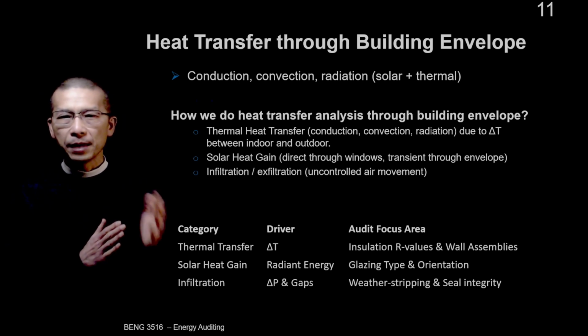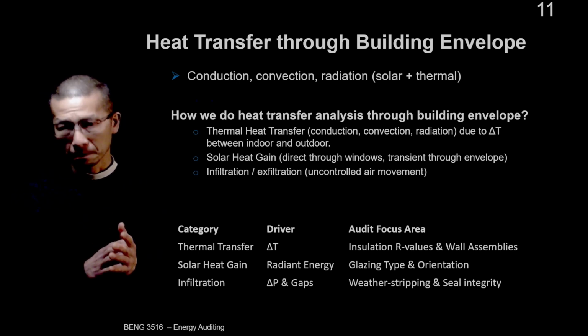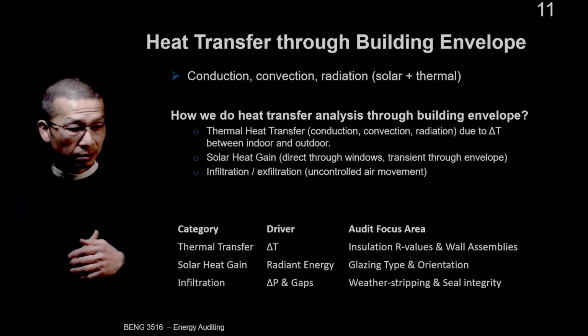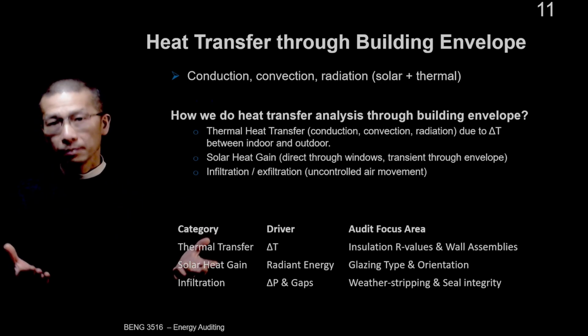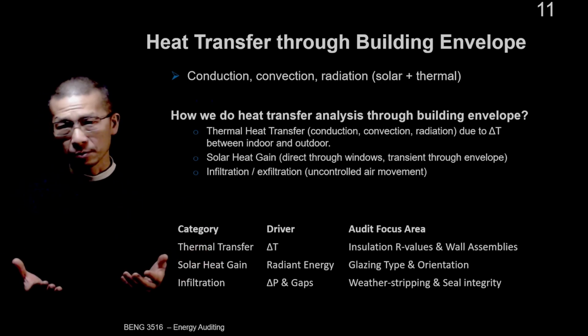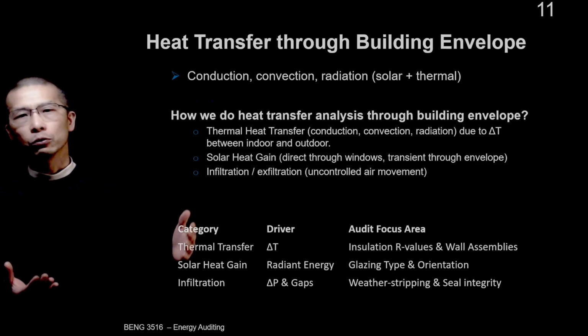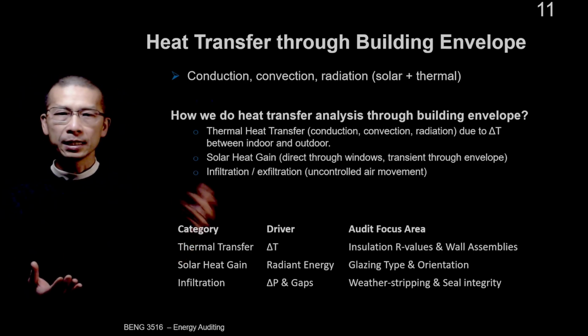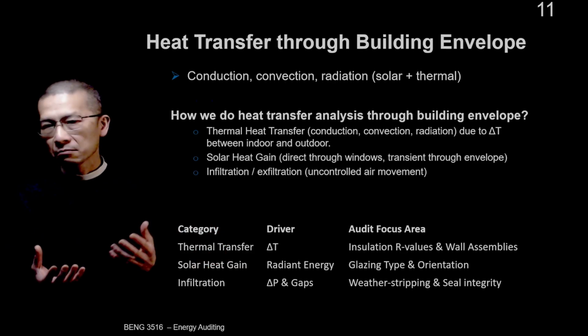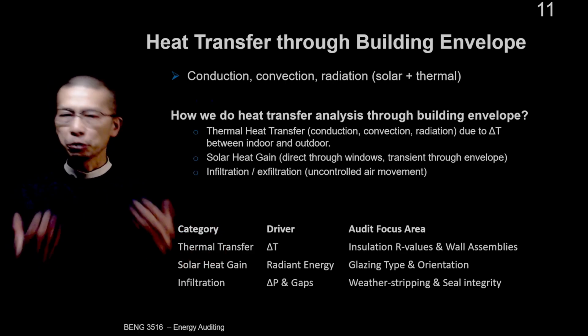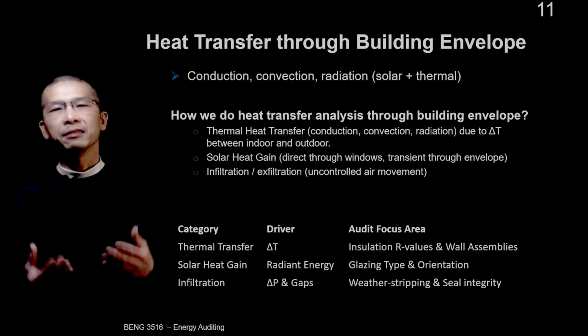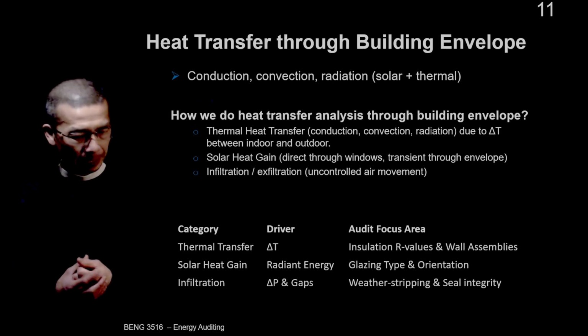This is the baseline movement caused by the temperature difference between indoor and outdoor environments, whether it's conduction through a solid brick wall or convection through an air pocket. The greater the temperature difference, the higher the heat transfer rate. Okay.